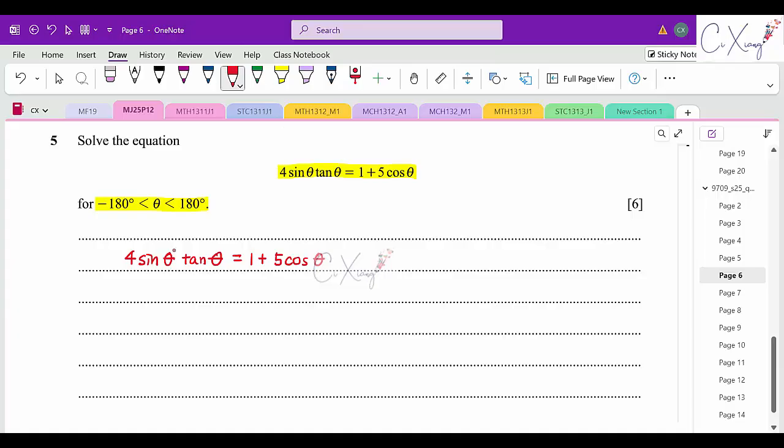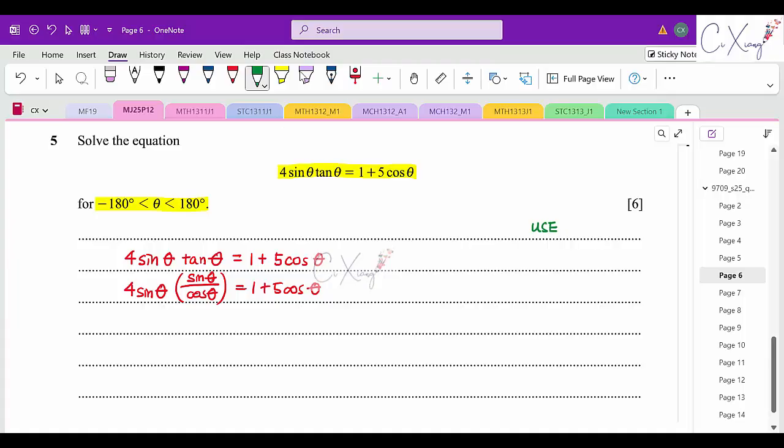Alright? Okay, so for the first step, I think it should be easier if I change the tangent to sine over cos, equals 1 plus 5 cos theta. Oh yeah, before I forget, usually for the trigonometry part, there are a few identities that we use very often.